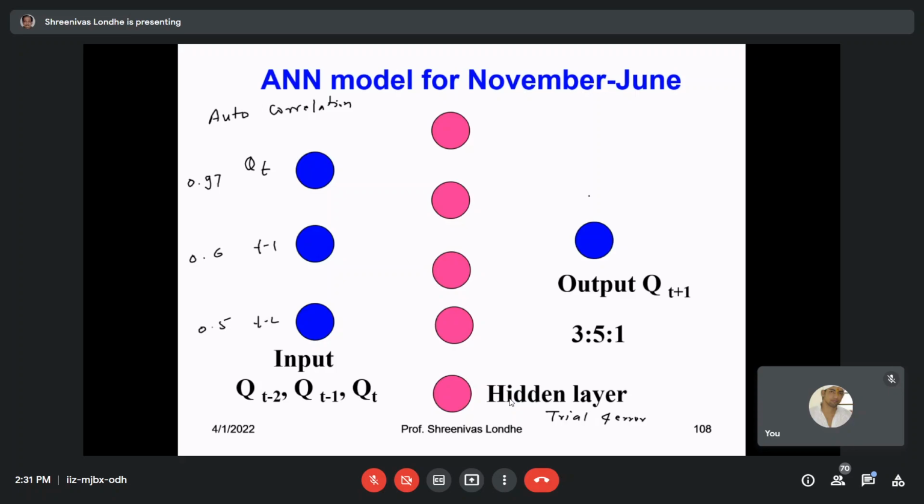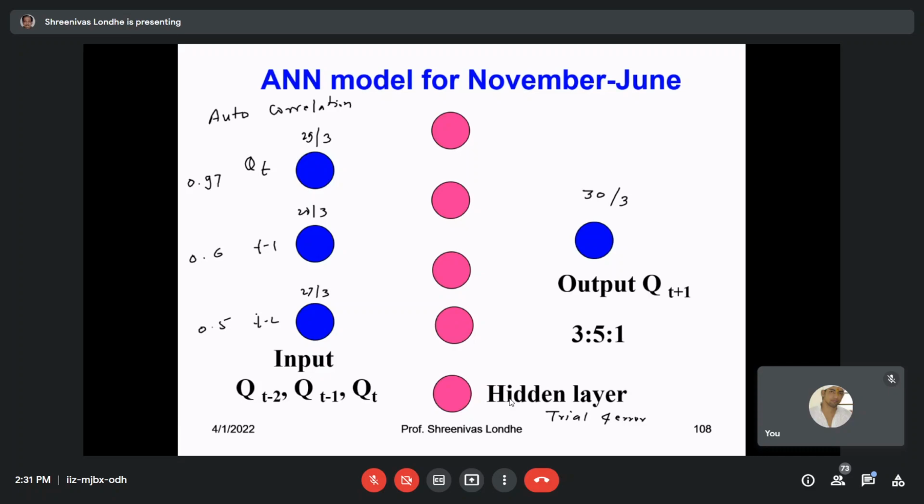If this is 30th of March, then this is going to be the 29th March value, 28th March value, 27th March value, and if I take one more, that is the 26th March value, its correlation with the 30th value was not much. And so we stopped at these 3, using the concept of autocorrelation.